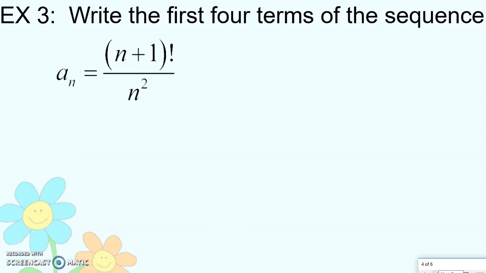Again, we're writing the first four terms of the sequence. I have this symbol right here. This is called factorial. We use that to find the number of ways you can order something or choose something when we're doing probability.